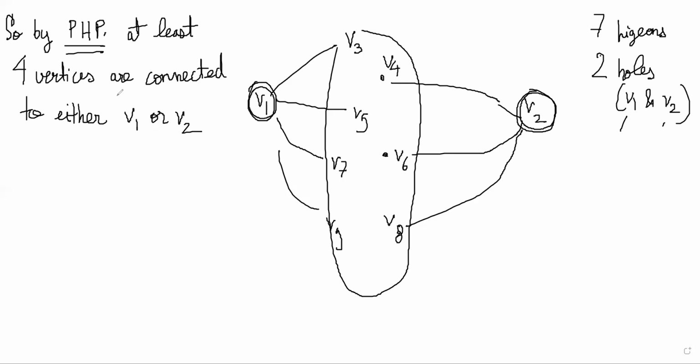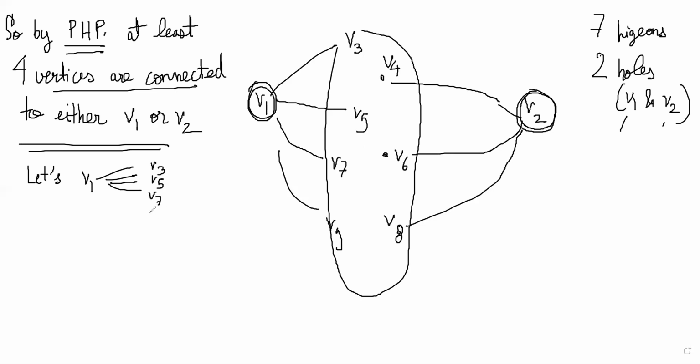So 4 vertices are connected to either V1 or V2. Let's say in our specific example, V1 is connected to 4, which are V3, V5, V7, and V9, right? And V2 is connected to 3. Now, again applying pigeonhole principle here.